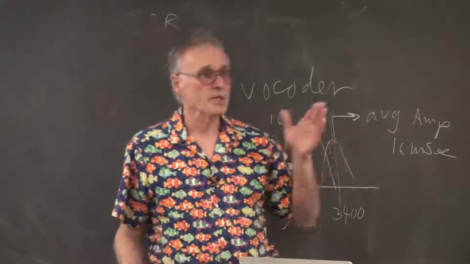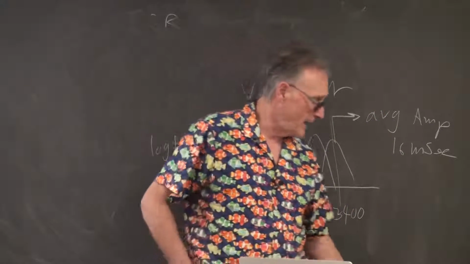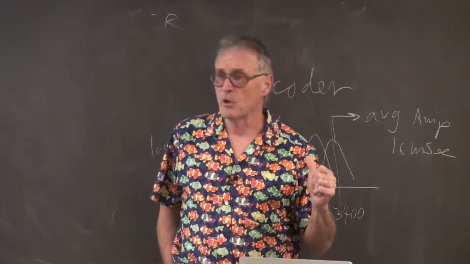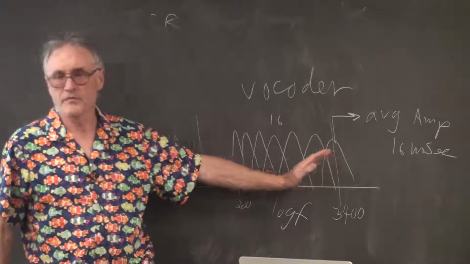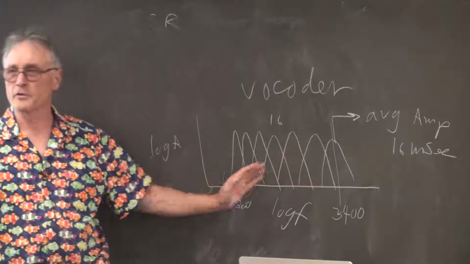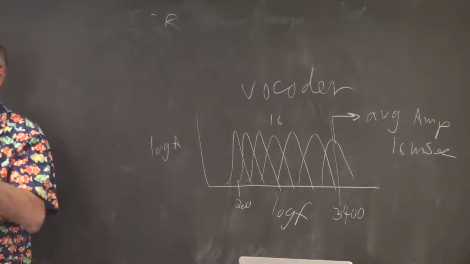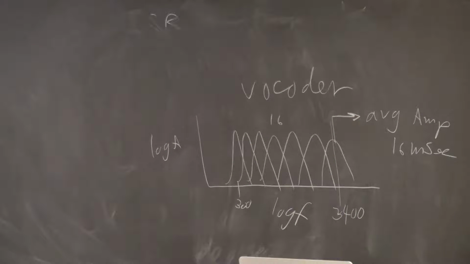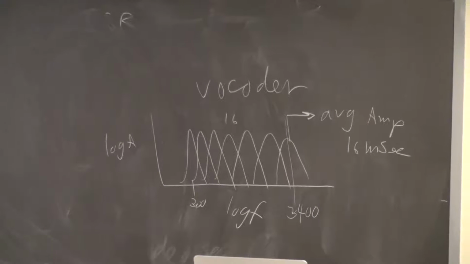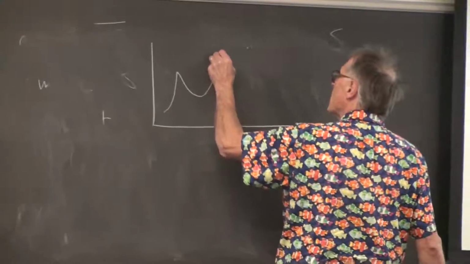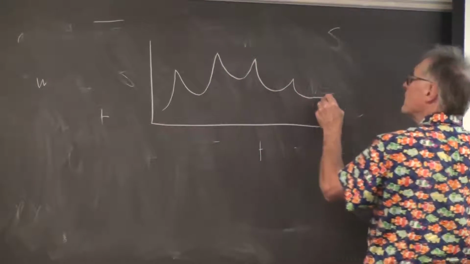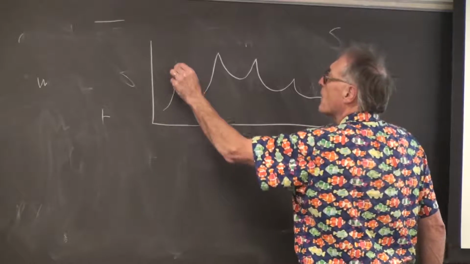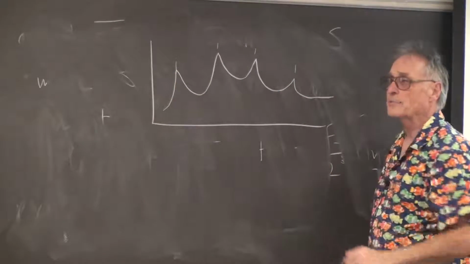The speech vocoders on your phones use a variant on this which is more optimal. I used 15 or 16 or 18 fixed filters. The vocoder on your phone says, for the speech that this person is making over this 16 millisecond time sample, if we fit the spectrum of the voice, where are the peaks and how big are they?